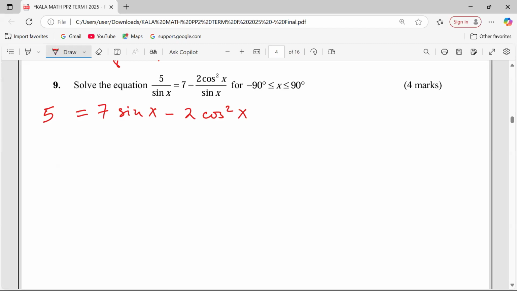At this point now, we know that cosine squared of an angle plus sine squared of the same angle is equivalent to 1. So the cosine squared of theta can be expressed as 1 minus the sine squared of theta.